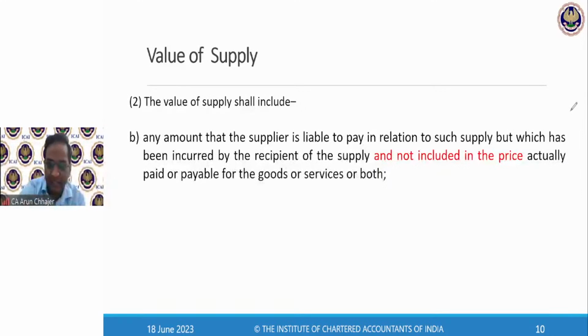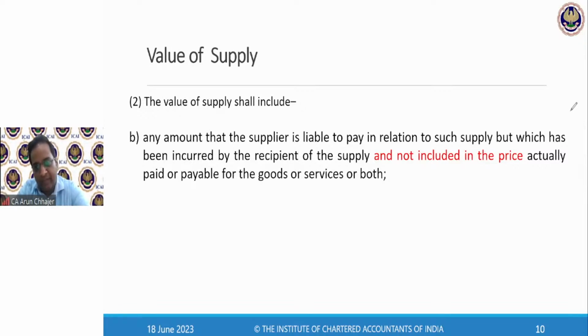Then GST is to be levied on 10 lakh. In this case, A is a contractor. Basically, he is supplying the work contract service to XYZ. So for the work contract service, Mr. A is the supplier and XYZ Limited is the recipient.